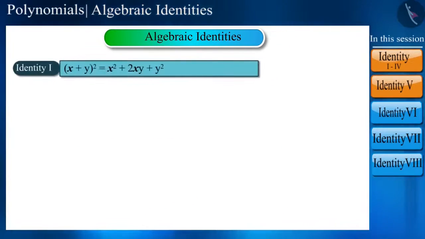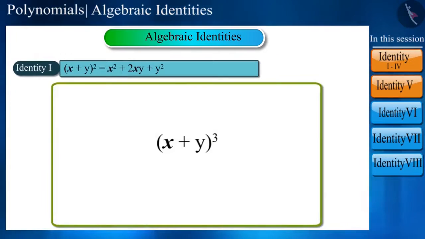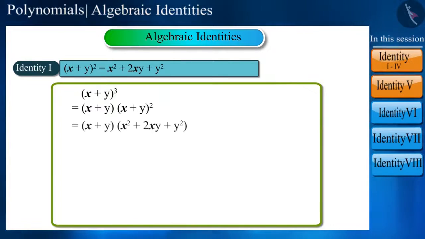Just like we learned how to derive the identity of the square of a trinomial from the square of a binomial, we will now learn to derive the identity of a cubic polynomial from a quadratic polynomial. So, let's compute (x + y)³ by applying identity 1. We can write (x + y)³ like (x + y) into (x + y)², which becomes x into (x² + 2xy + y²) plus y into (x² + 2xy + y²).